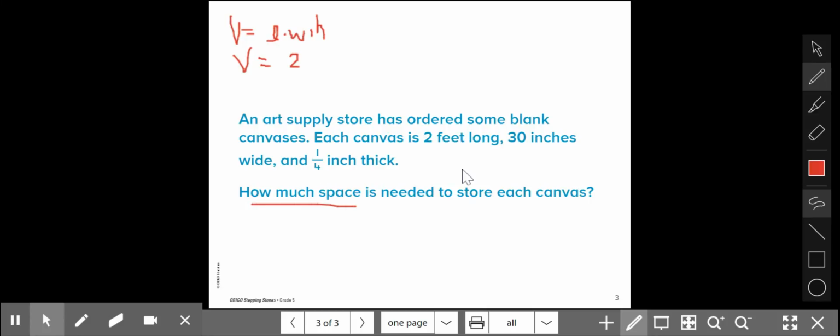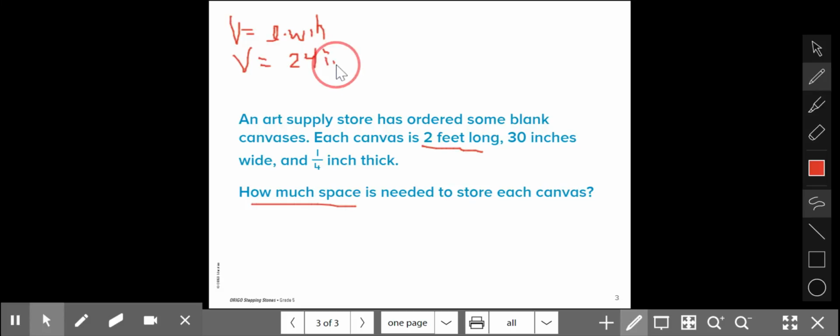Well, feet and inches here. I have a decision to make. Do I turn everything into feet, or do I turn everything into inches? Because 2 of my measurements are already in inches, I'm going to make them all in inches. So if 1 foot equals 12 inches, 2 feet equals 24 inches.